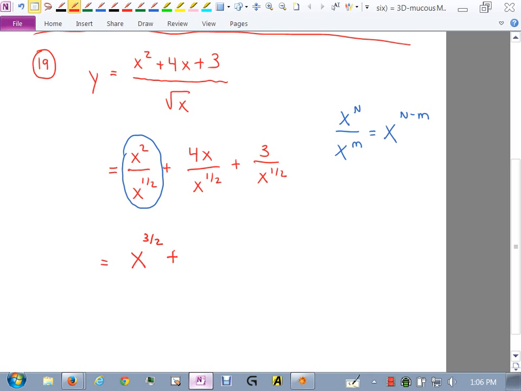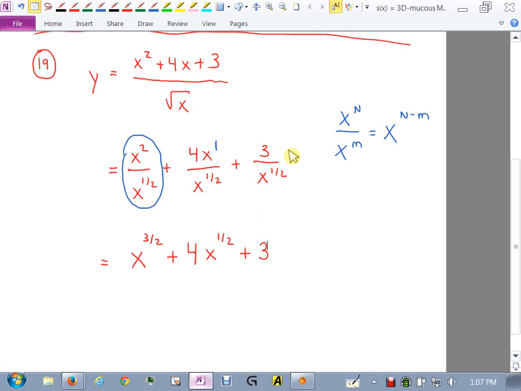Plus. Now the 4 is going to be here, right? Because I have 4. And then I'm going to try and do x to the first power over x to the half power. So again, same property. 1 take away a half is a half. So you get x to the half. Then I have plus. This 3 is on the top, so I'm going to write 3. Now what about this?